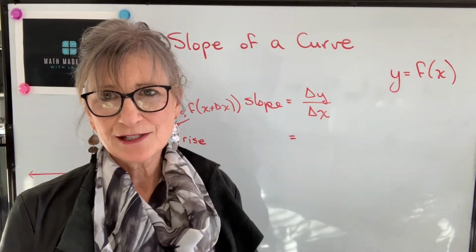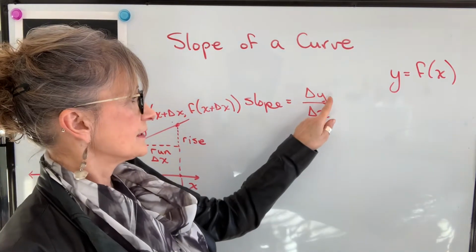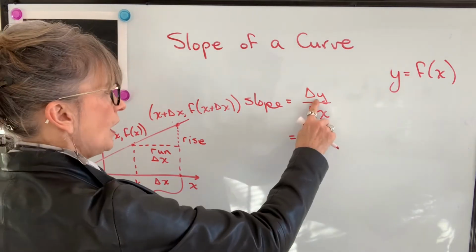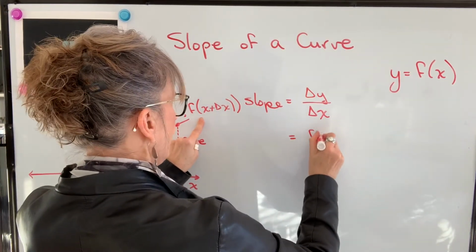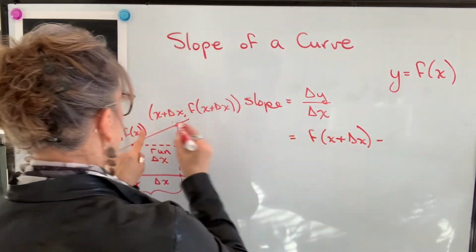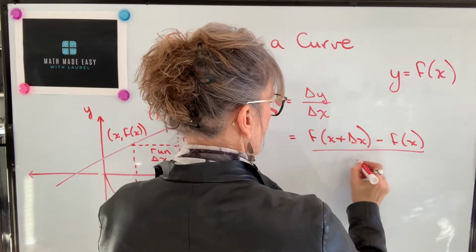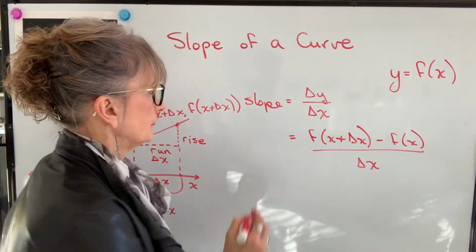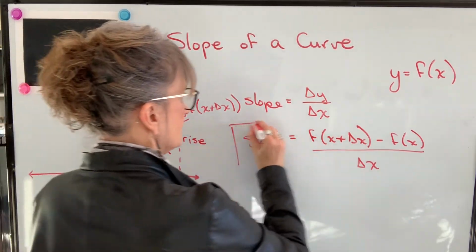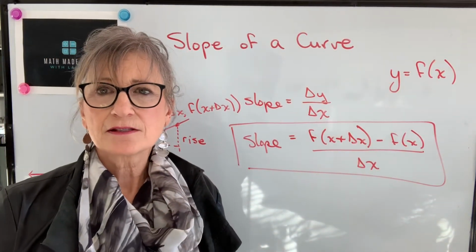Therefore, I can think of my slope in terms of these points. We know slope is delta y over delta x, rise over run, but I'm going to express delta y as f of x plus delta x minus this y value, which is f of x, over delta x. That is another way to express the slope of a straight line.